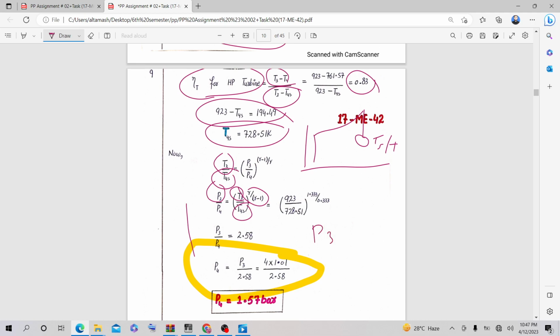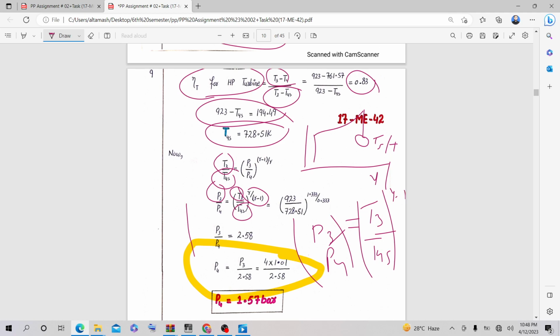P3 by P4 is equal to T3 by T4s to the power gamma divided by gamma minus 1. This is the isentropic process pressure and temperature relation from thermodynamics.